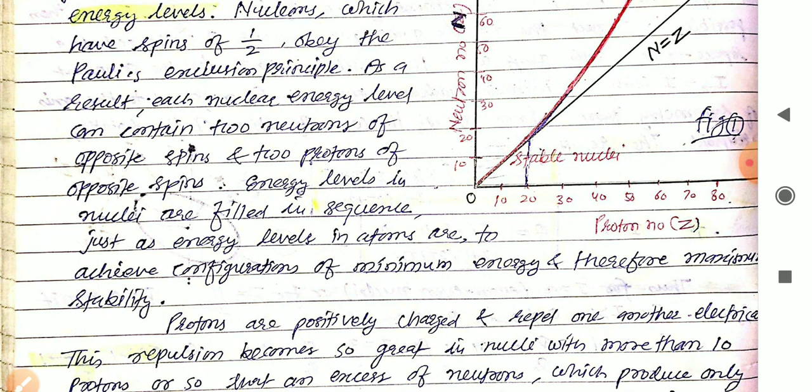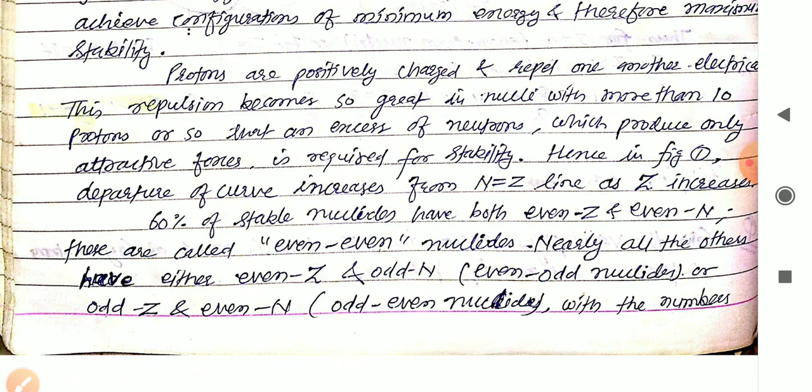So the repulsive forces between the protons appear throughout the nucleus, and to overcome these repulsive forces, there are some number of neutrons, because the neutrons always show attractive forces, because they don't have any positive or negative charge.